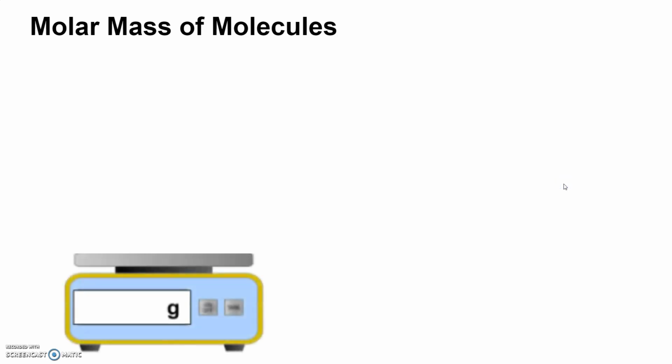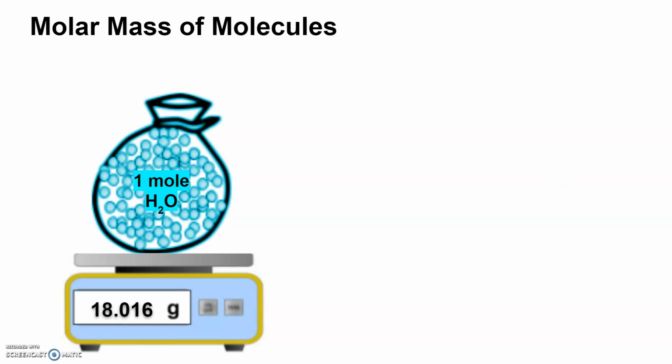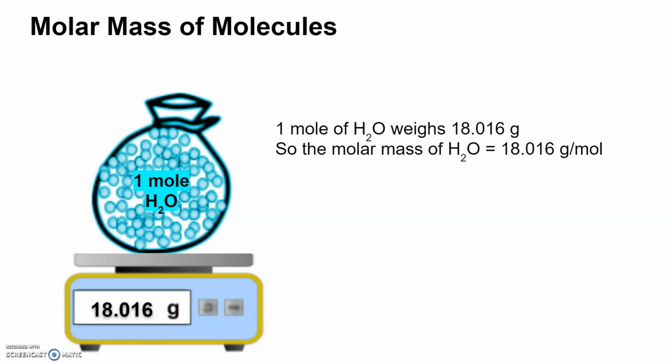Now, what about molecules? Let's say you had a molecule like water, H2O. So water is made up of more than one atom. And if you take a mole of water and put it on the scale, it would read 18.016 grams. And since a mole of water weighs 18.016 grams, you know the molar mass of water is 18.016 grams per mole. But since a molecule like water is made up of more than one atom, how do you get that from the periodic table?